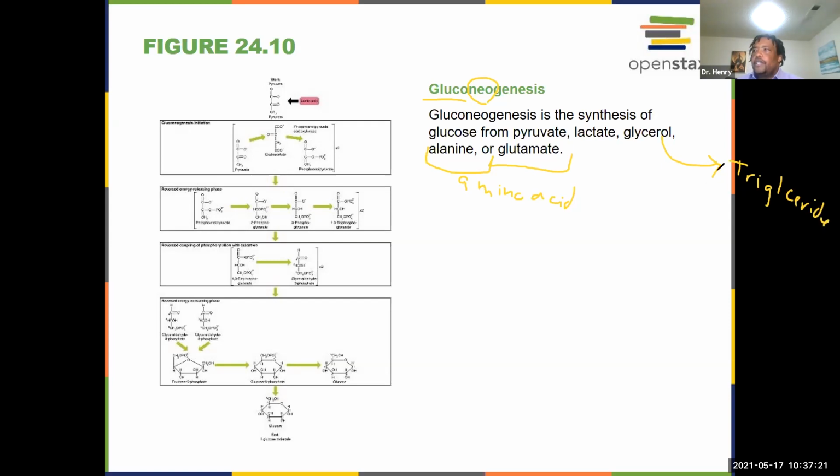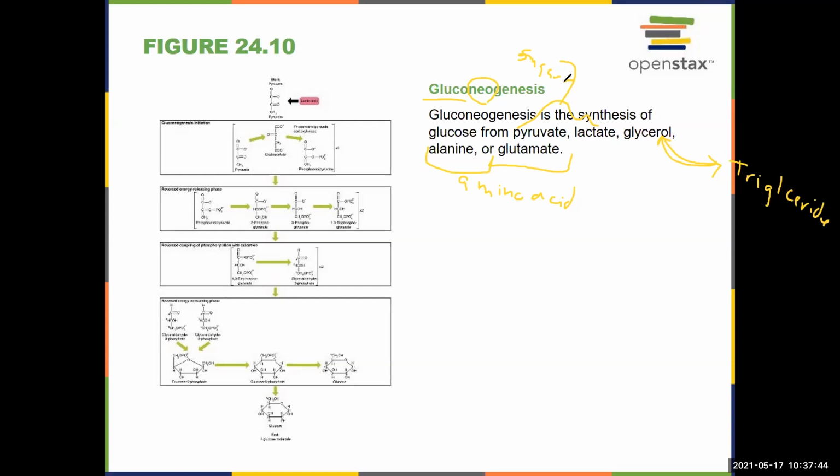Okay, so we know that these guys come from triglycerides, or this guy comes from triglycerides. And then we know that these are our products from sugars, right? Okay. Good so far? Mm-hmm. Okay.